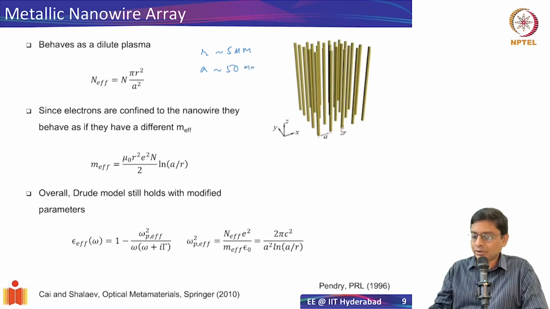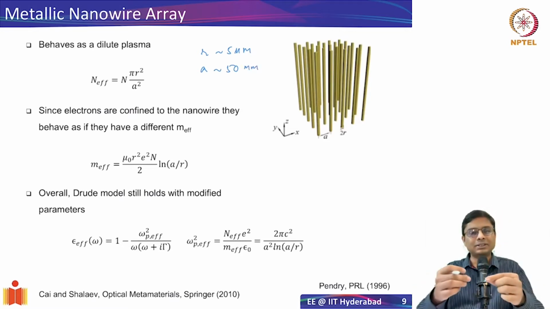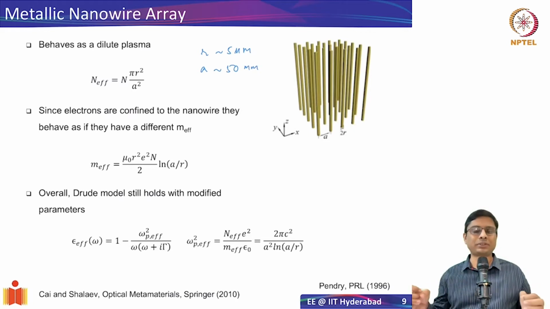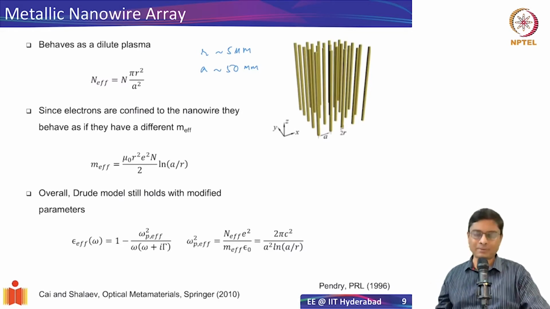So what I'm saying is the lattice is very sparse. You have a very large extent of dielectric, or in this case air, and the radius of the nanowire is very, very small compared to that. If you take such a scenario, you might think that not much interesting is going to happen, but in fact, I'll show you that a lot of interesting things can happen with this.